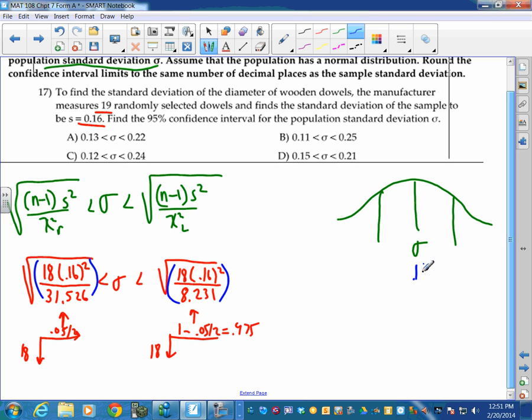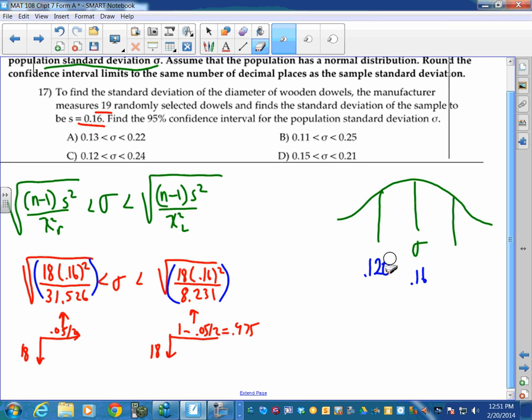So this is 0.16 because that's what S is. Just a couple decimals is fine. So let's get the left one. 0.120. 0.121, okay.